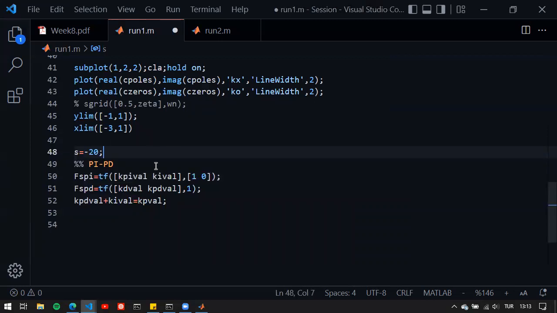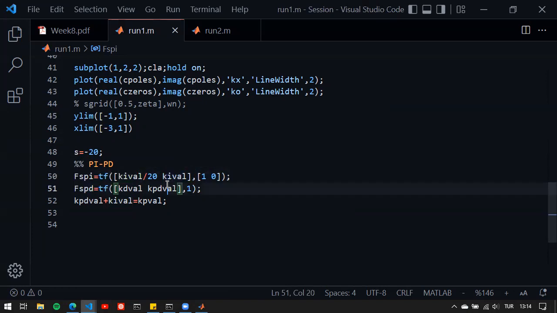We can just use the fact that here we have basically S and we have Z here, but 1 and Z basically, and this should be equal to 20. So if we already decided that this is KI val, then this should be KI val divided by 20.